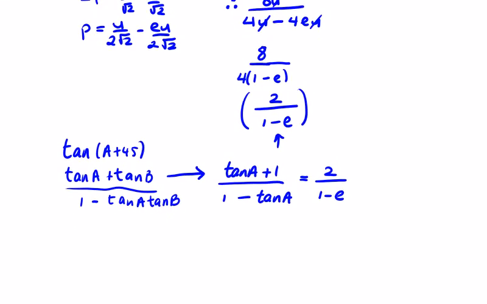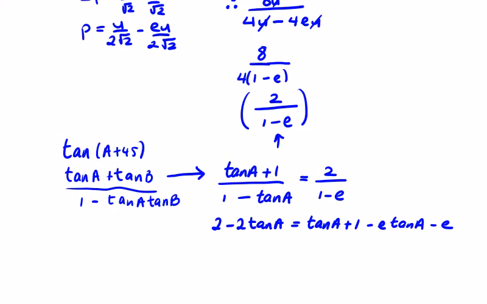So we cross multiply, we're going to get 2 minus 2 tan A is equal to, I'll multiply the 1 by tan A plus 1 first, so tan A plus 1, and then minus e by tan A, and minus e by 1.